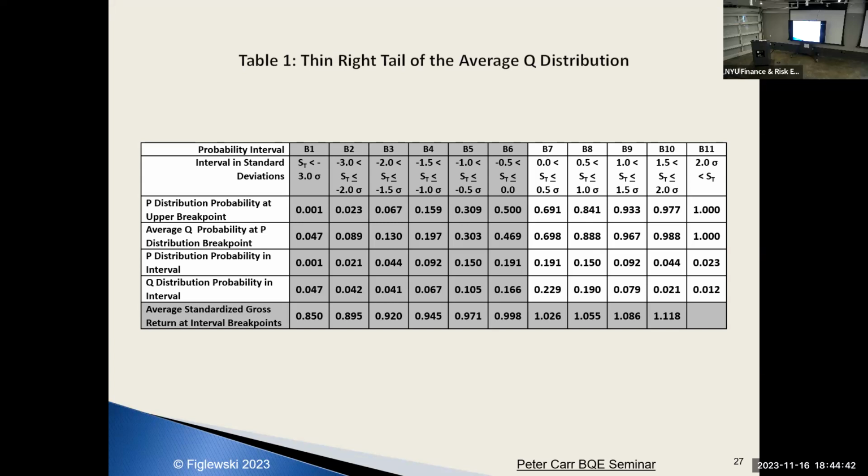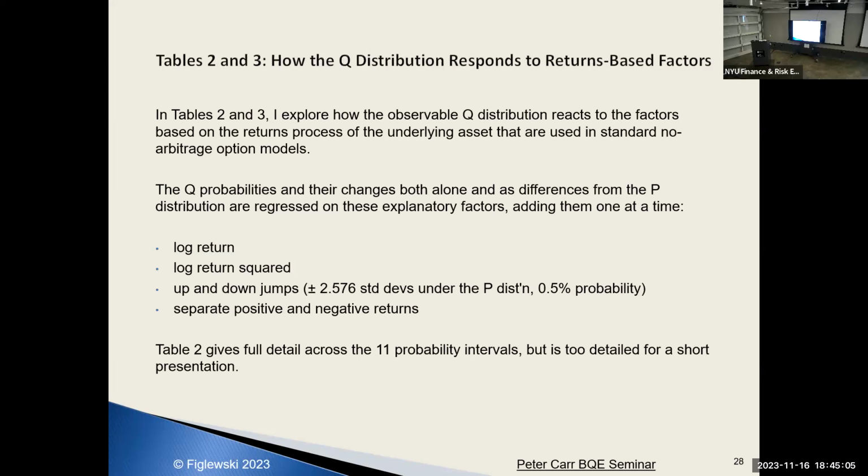By the time we've got to between 1.5 and 2 standard deviations up, the Q distribution says there's only a little over 1% probability of being higher than that, and the P says there's 2.3%. Well, that's kind of how they compare on average.